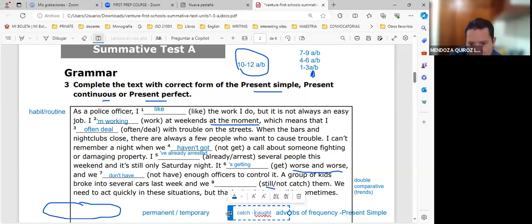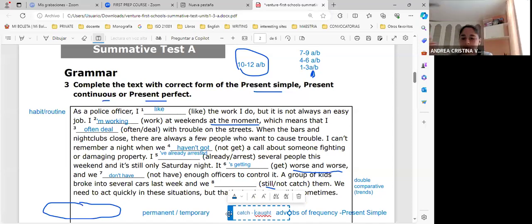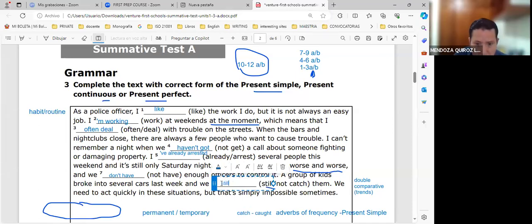And the order is, we still... We would have, right? Or we have, yes, and we still have negative. Have in negative.